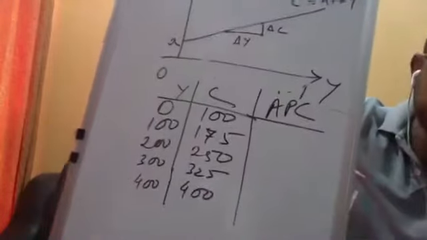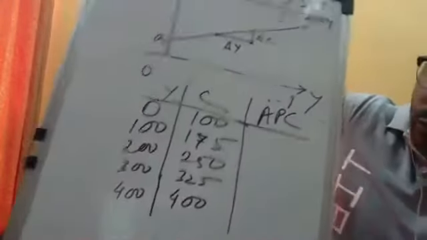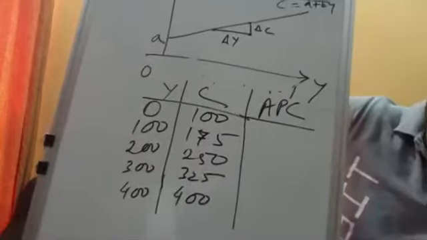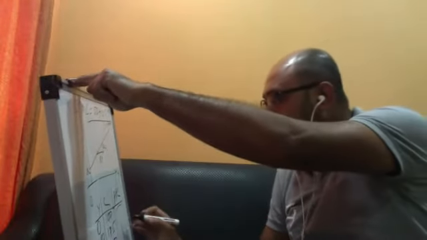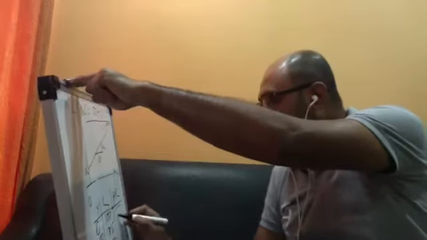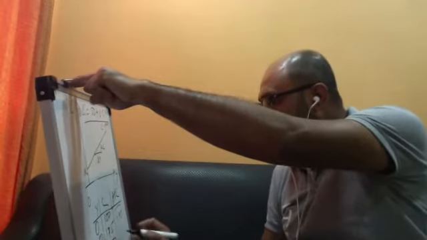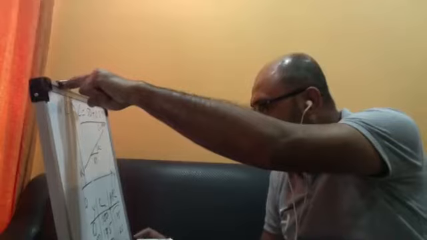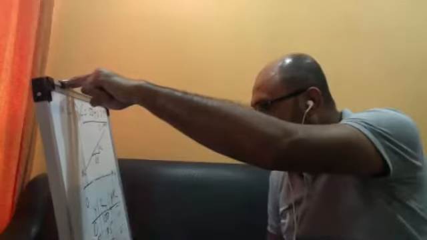Now keep on calculating C by Y. For the first, what will be the value, Varun? Undefined. So we will put a dash, and then it will be 1.75. Then 1.25. Then 1.08 and then 1.